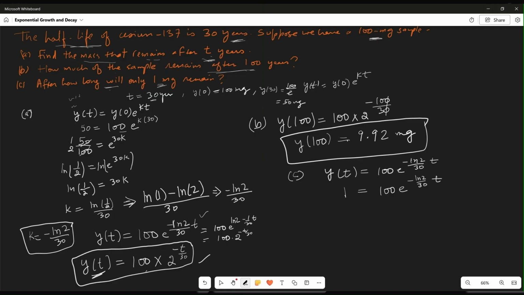So divided by 100 on both sides, we are left with 0.01 is equal to e raised to the power times t. Multiply with natural log on both sides. This is simply going to be natural log 2 divided by 30 times t.